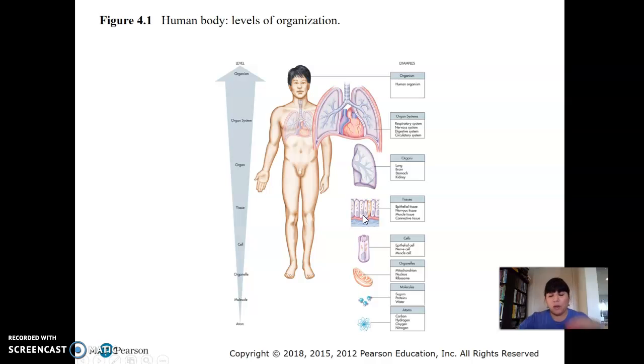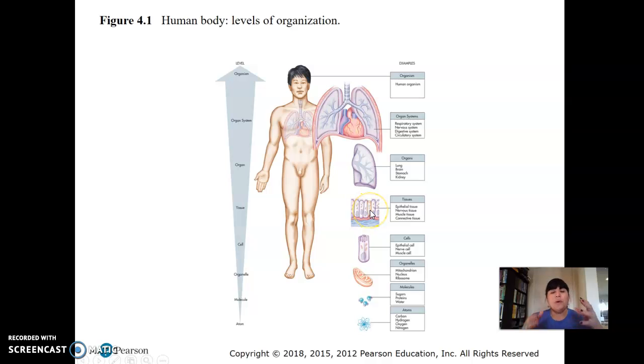So epithelial, like skin, surrounding organs. There is muscular tissue. There's connective tissue, like blood and bone, which is considered connective tissue. And then there's nervous tissue. So a bunch of similar types of cells, you have tissue. Here it says epithelial, nervous, muscle, connective. It's giving you the 4 types.